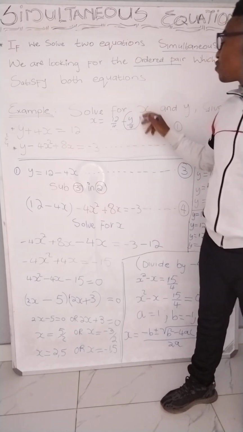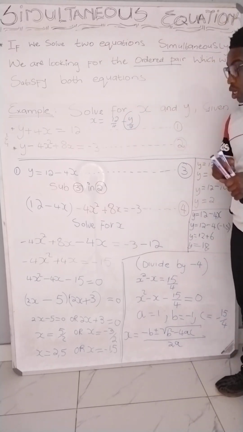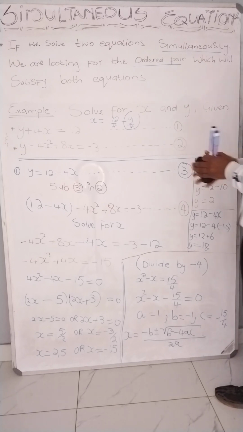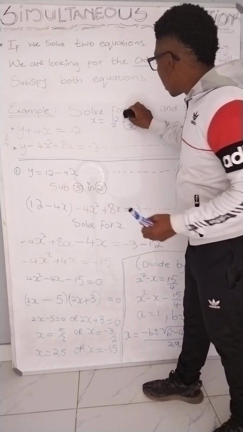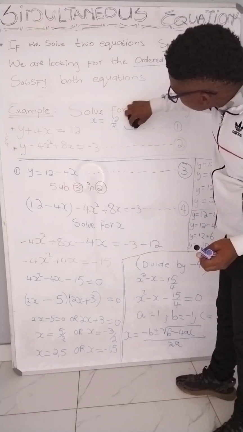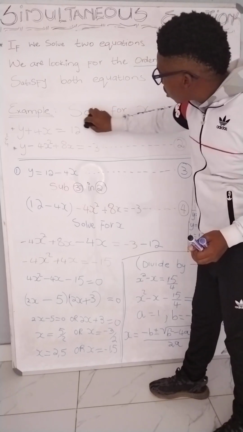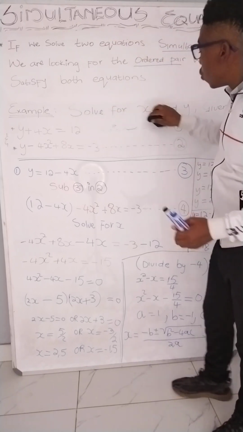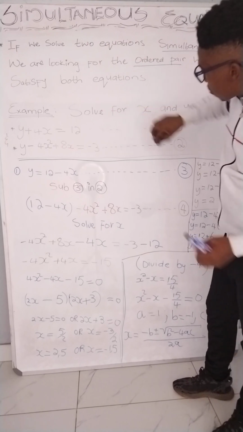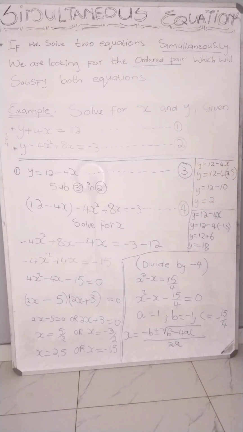Then you have a fraction. We said we are avoiding fractions. Not to say that it is not solvable with fractions, but we just don't want to work out more than we necessarily have to. Time is limited in the final examination.